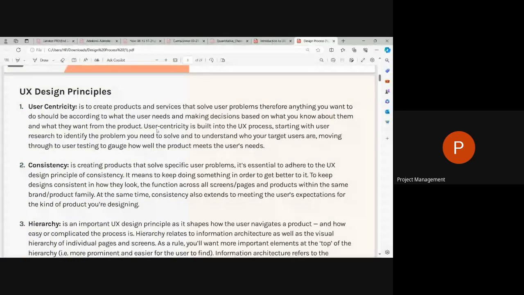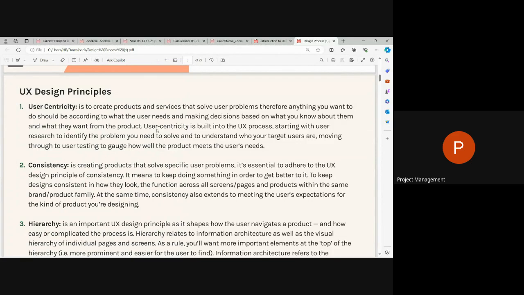This user centricity is built into the UX process, starting from the user research, where you identify the user's problem, needs and pain points, when you identify the problem statement, to understanding who your target users are, to bringing up a solution that will solve the problem.